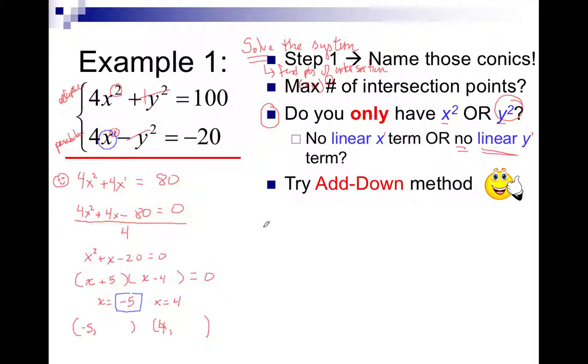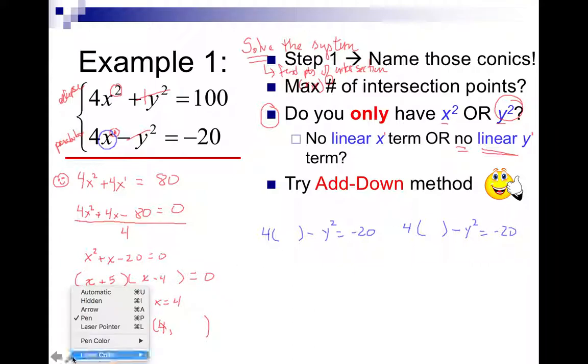So I'm going to say 4x minus y squared is equal to -20. And I'm going to plug in -5 and 4.